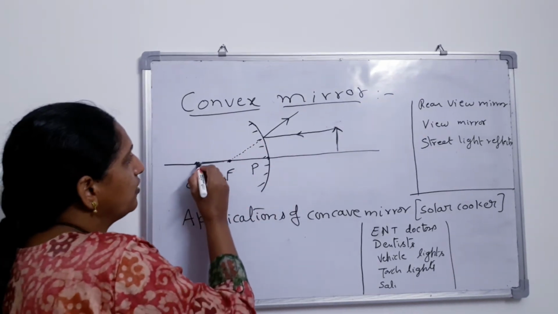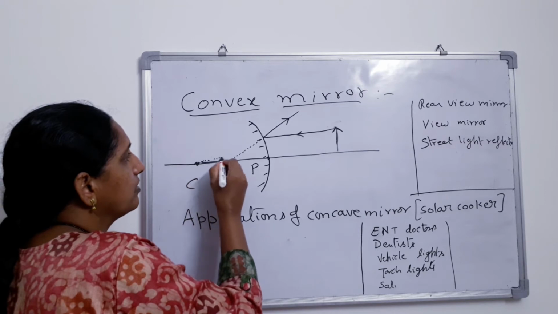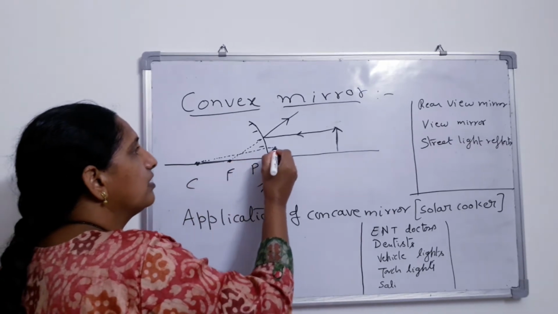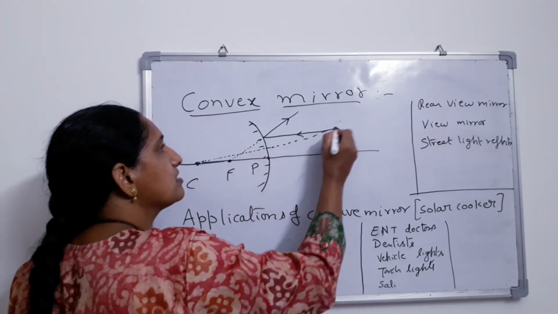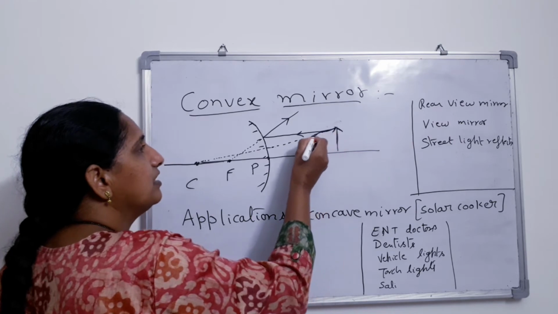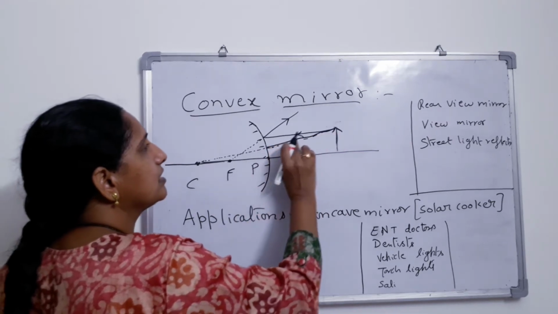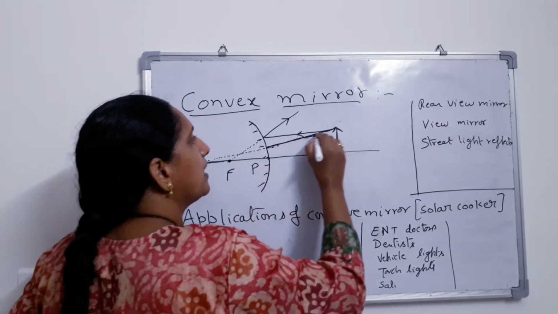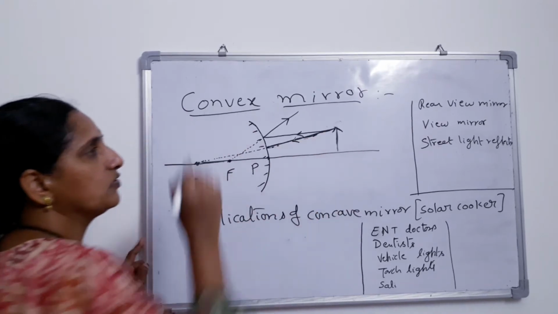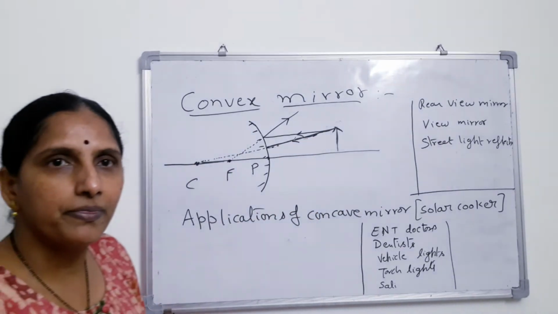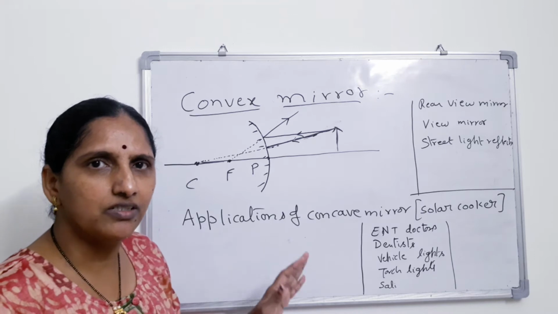So let me draw the dotted line from here, which can touch this. Once it is done, let me take my ray like this. So this is the other ray.